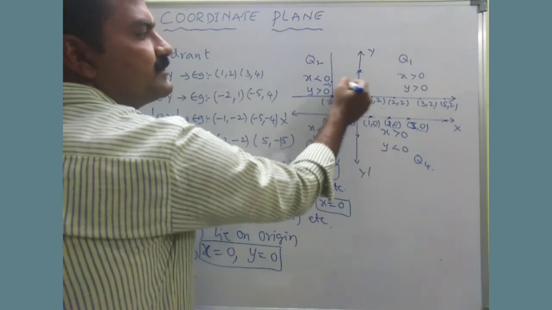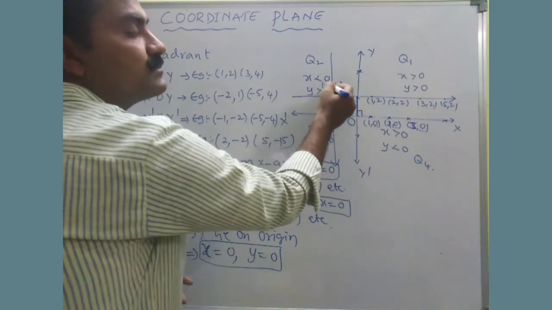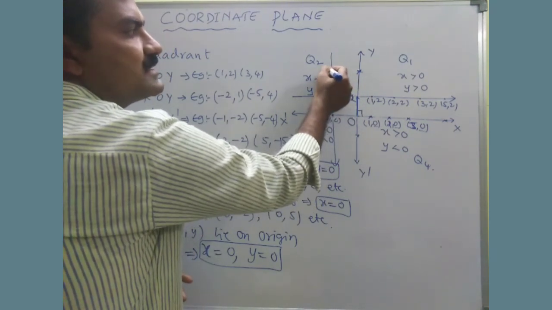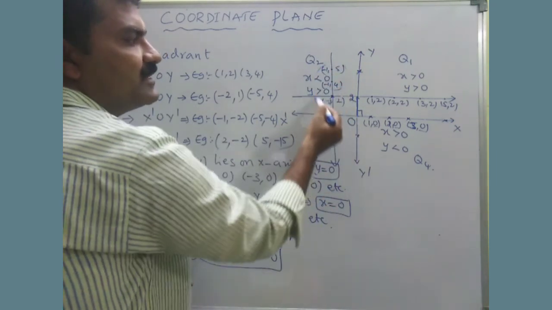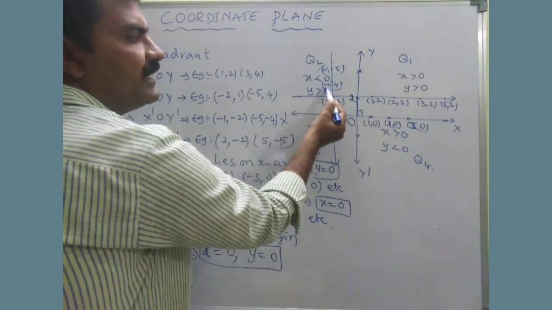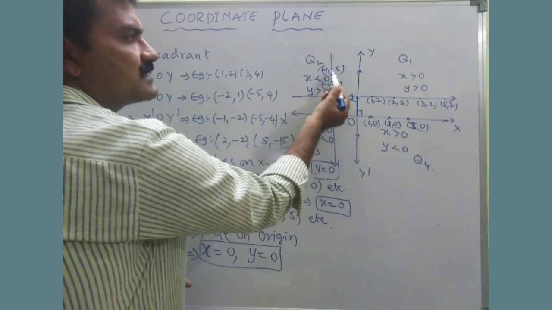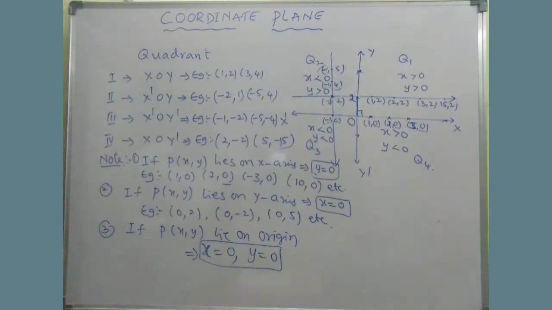This distance is suppose 4, then this is -1, 4. Whereas this is -1, 5. So what do you observe here? -1, 2, -1, 4, -1, 5. So it is very clear that all x coordinates are same. Right, children?